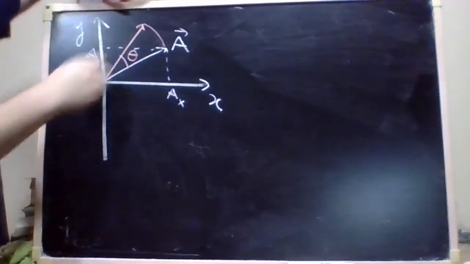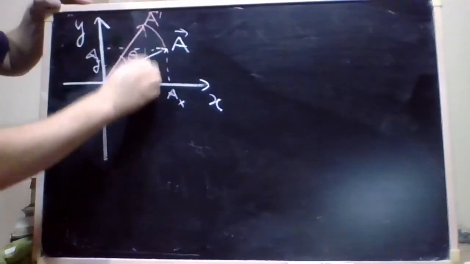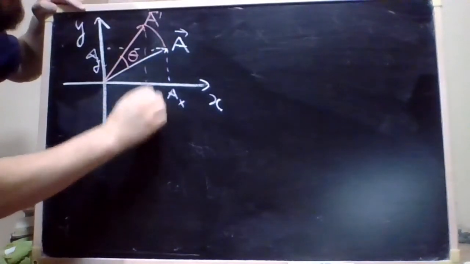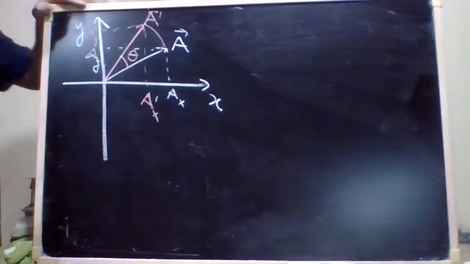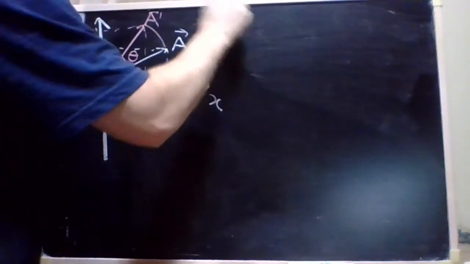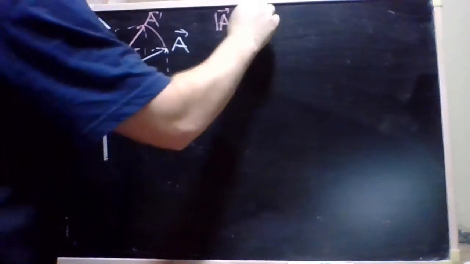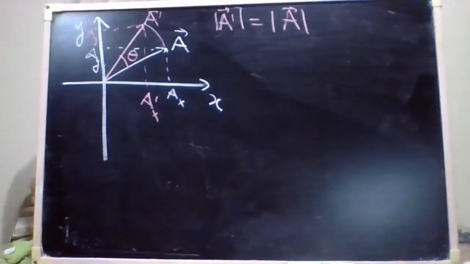You rotate the vector, so it's the vector A prime. It has components a of x prime and a of y prime, all right? So the modulus of the vector A prime is equal to the modulus of the original vector.